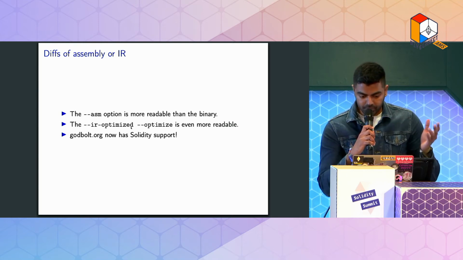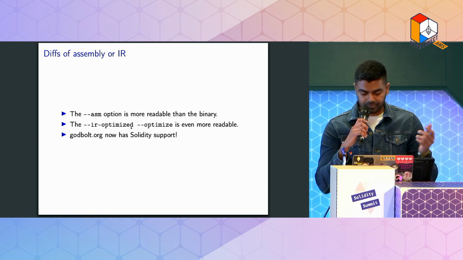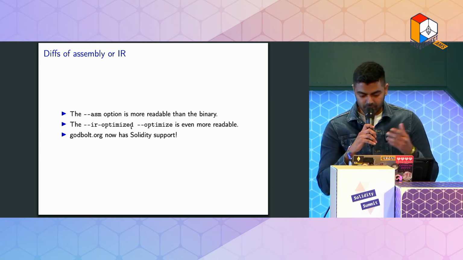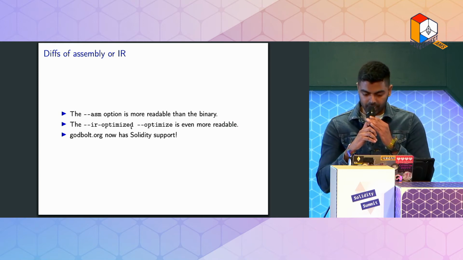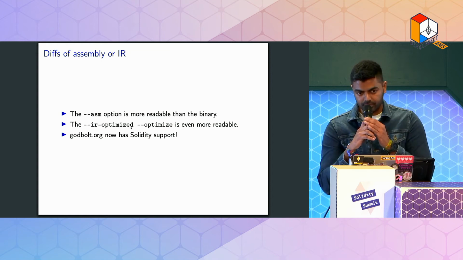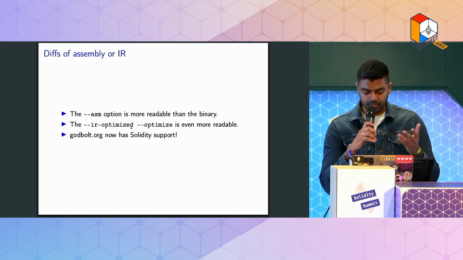Or even better, you can try to use the optimized IR and then look at the diffs for the optimized version. So it turns out that codeball.org now has Solidity support. So if you want a quick online tool to see how the compiler generated code or look at the diffs, you can use that.